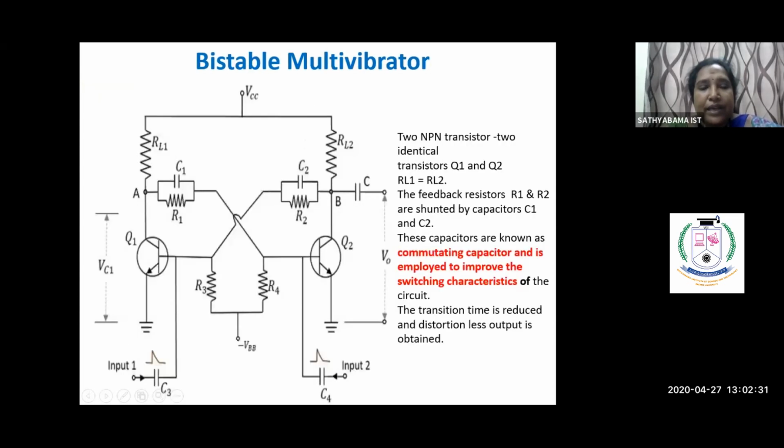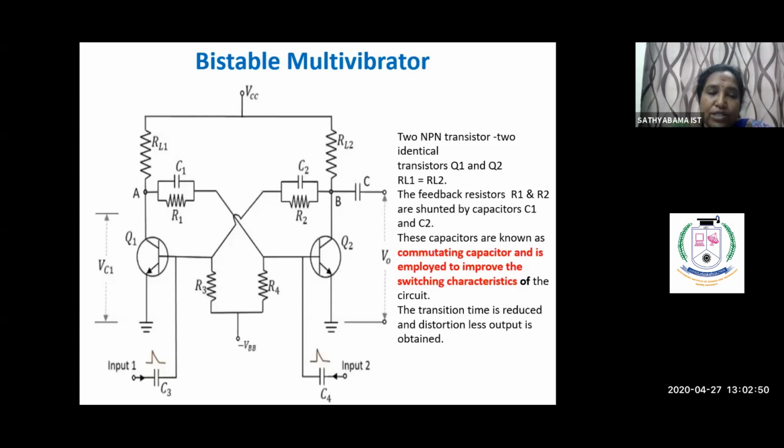Now again come to the circuit. I already told you Q2 is in the on condition, so the output of Q2 is very low, and this low input is given to Q1, which is in the off condition.